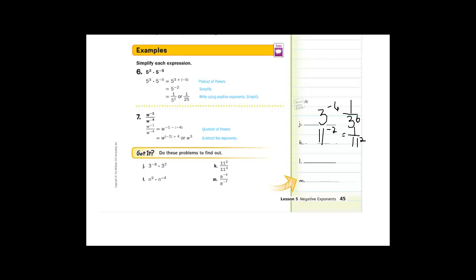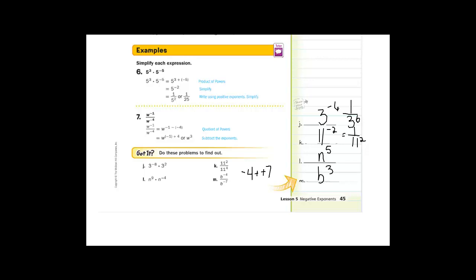You do have to write them with a positive exponent because that's the most simplified version. L, n to the 9th times n to the 4th. You subtract those, n to the 5th. And the last one, it would be negative 4 minus a negative 7. Minus a minus is a plus, b to the 3rd.